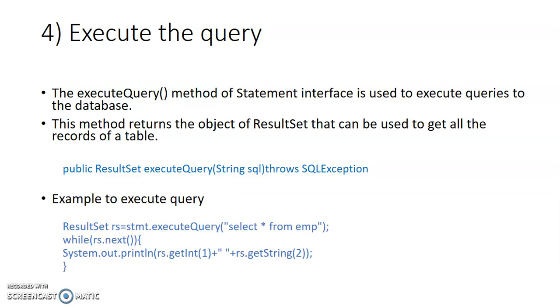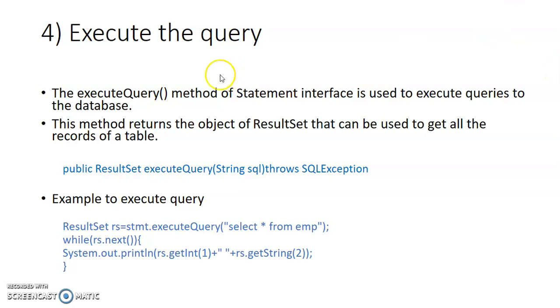The third step, to prepare our requirements, means to create the Statement object. Now in the fourth step, the statements will be communicated to the database. The database will process your statement, that means the database will execute the query. So the fourth step is to execute the query.